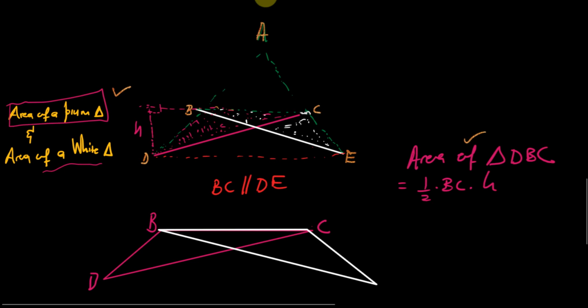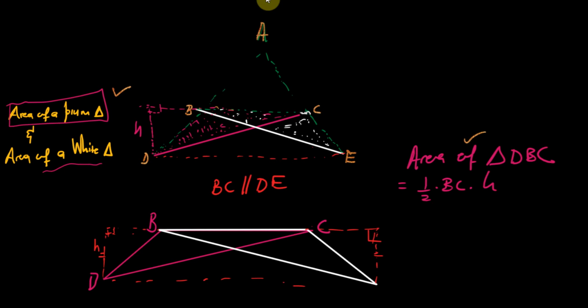Remember, for the first one we used a height h. Even for this one, using the base BC, we can draw a perpendicular height, and this height is actually equal to this height. The reason is that we are forming a rectangle, and when we form a rectangle, the opposite sides are going to be equal. So this is also height h.